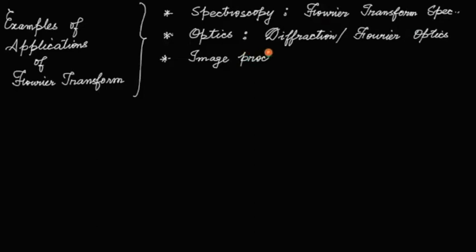It's used in all sorts of places, including the image processing which is happening in your mobile phone when you take a photograph. But in the context of physics, the first place that comes to mind is astronomy. So in astronomy, actually, whatever I have written so far, all of these are used.